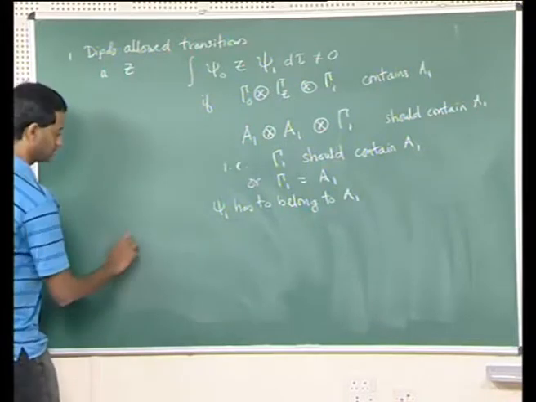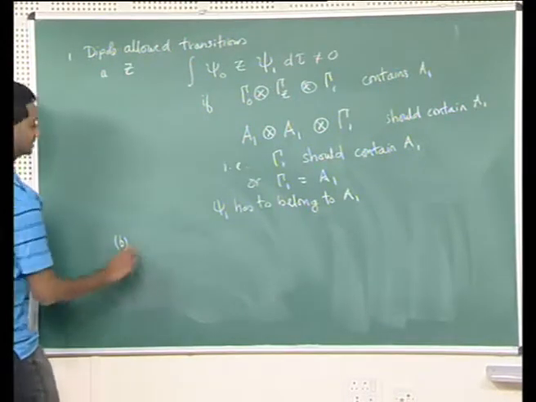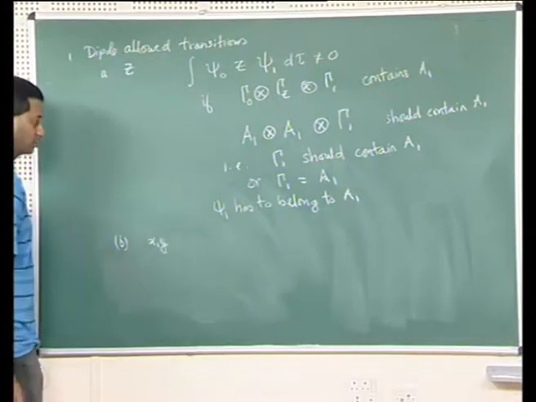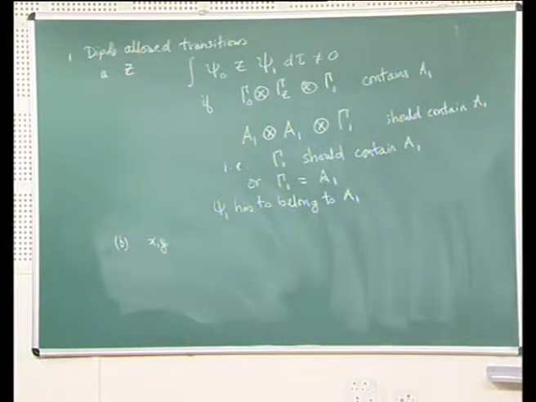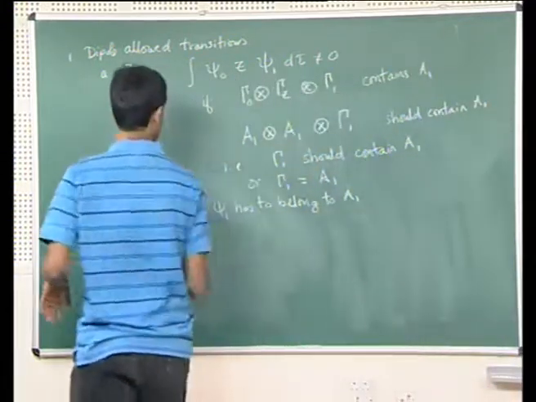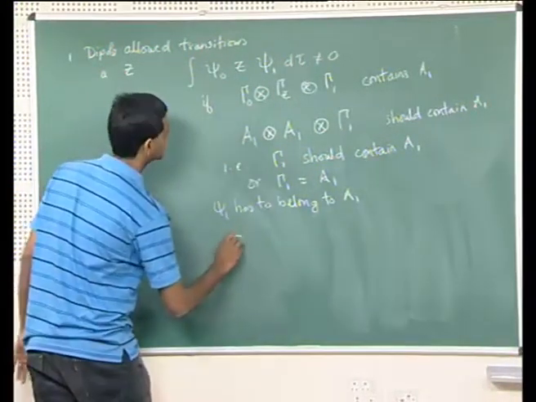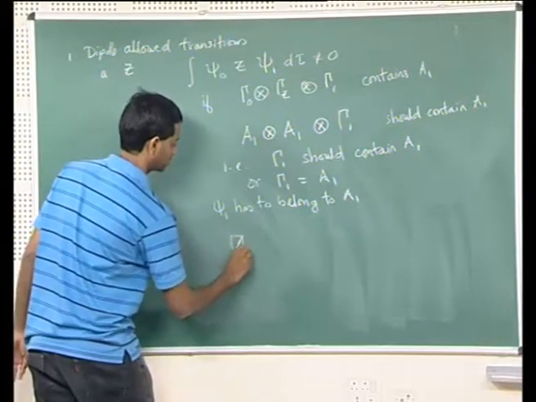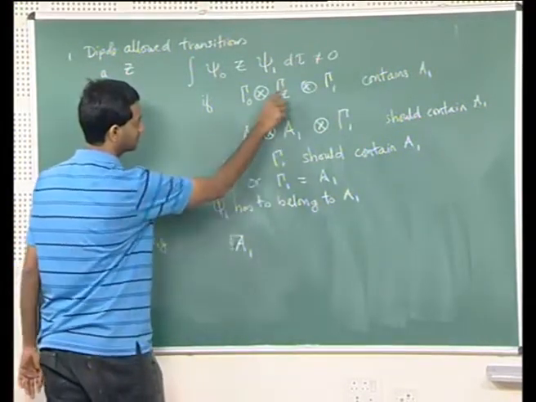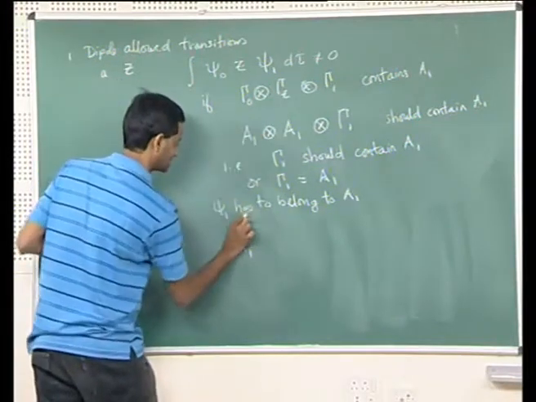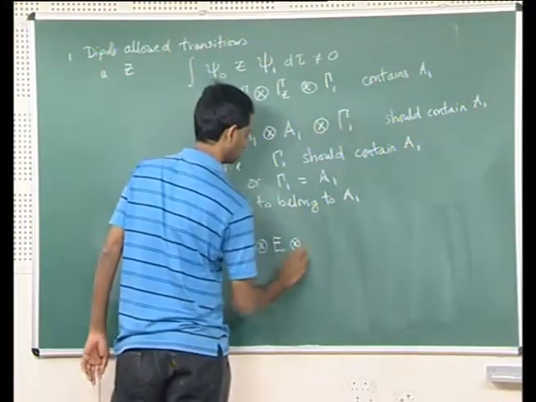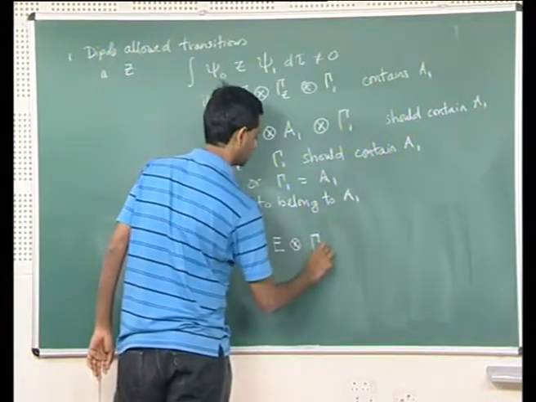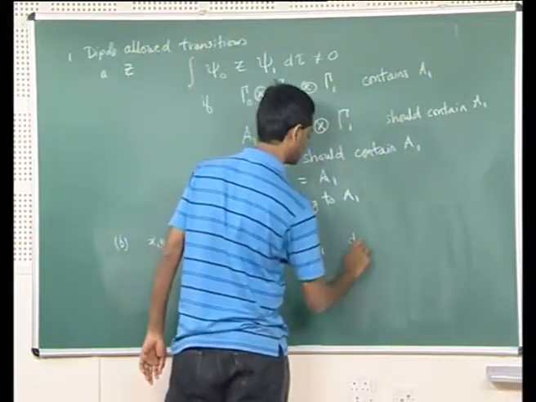Now the other case you can have is xy polarized. You can have a transition that is xy polarized, and in this case xy forms a basis for E. So you do the same thing: instead of gamma z you have gamma xy, which is nothing but E, cross gamma 1, and this should contain A1.